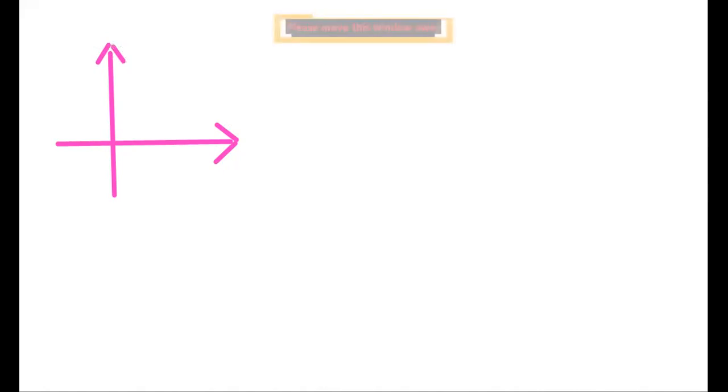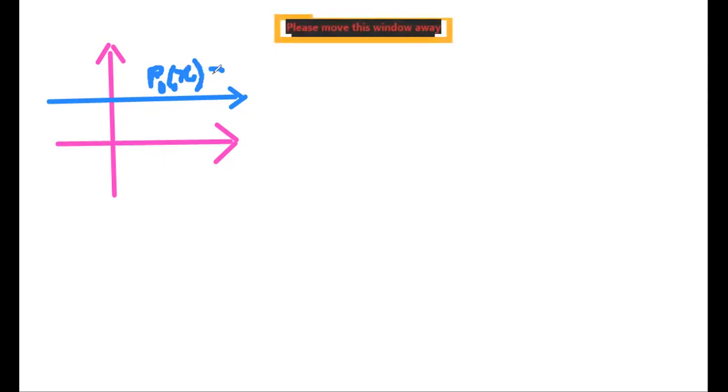It is a constant function. P0 of x equal to 1. So it will be a straight line parallel to the x-axis. Is it clear?